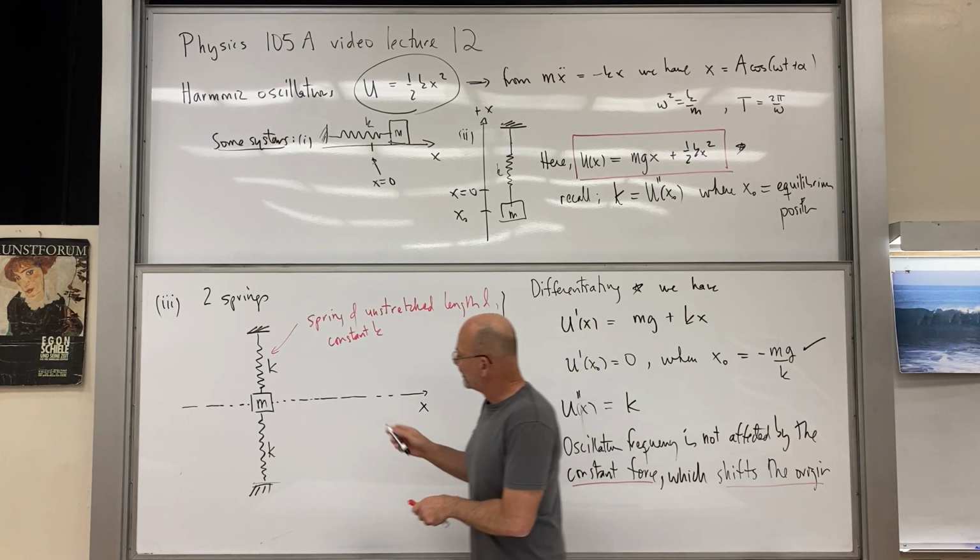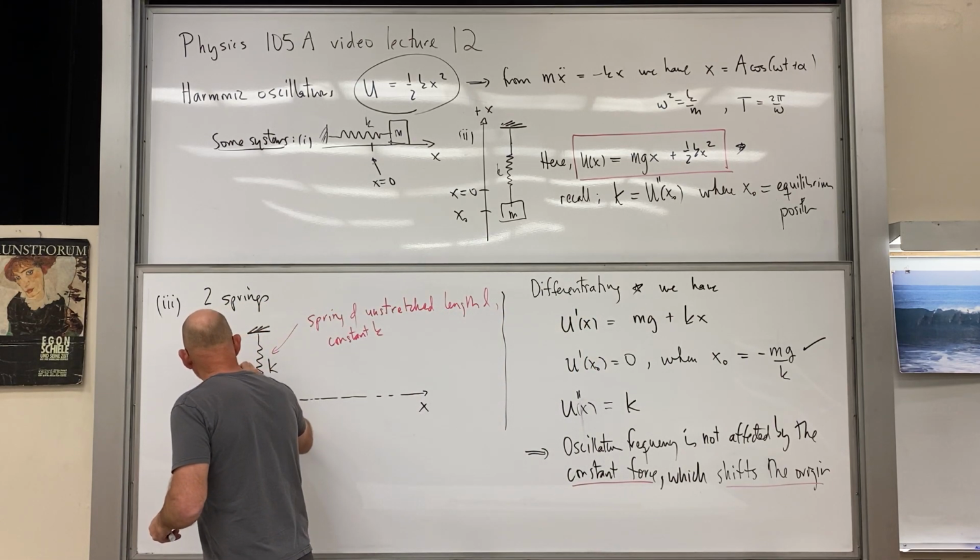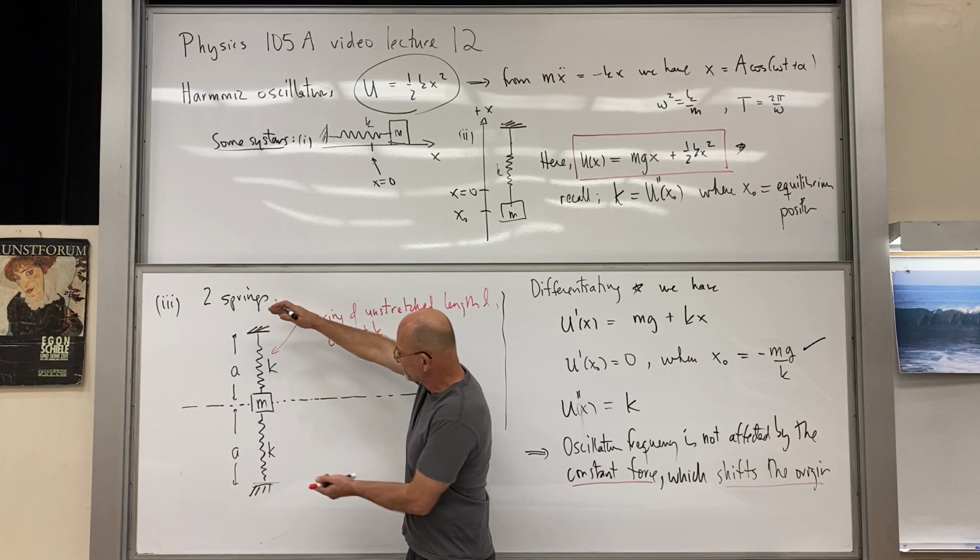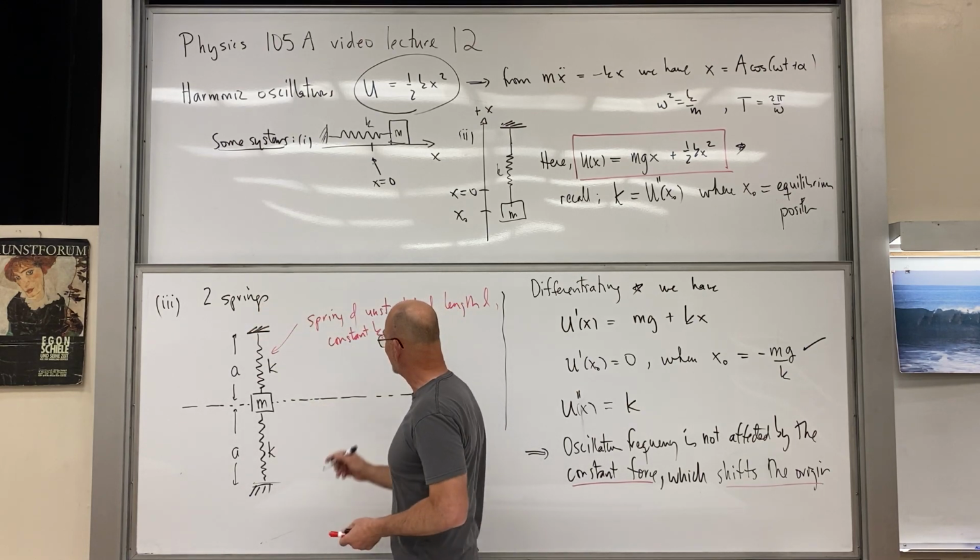But what we've done is we've put it in a frame here where we're going to have a length A on both sides. So geometrically, this is our device here, that's the length A.